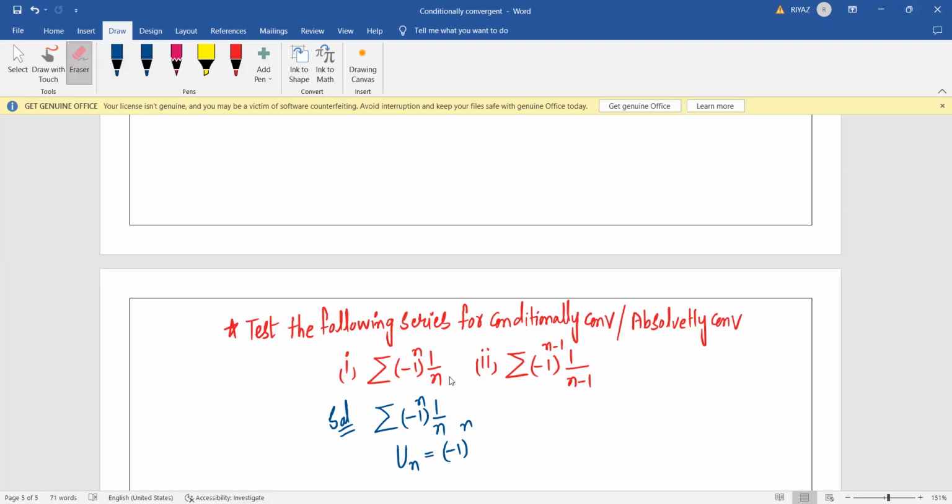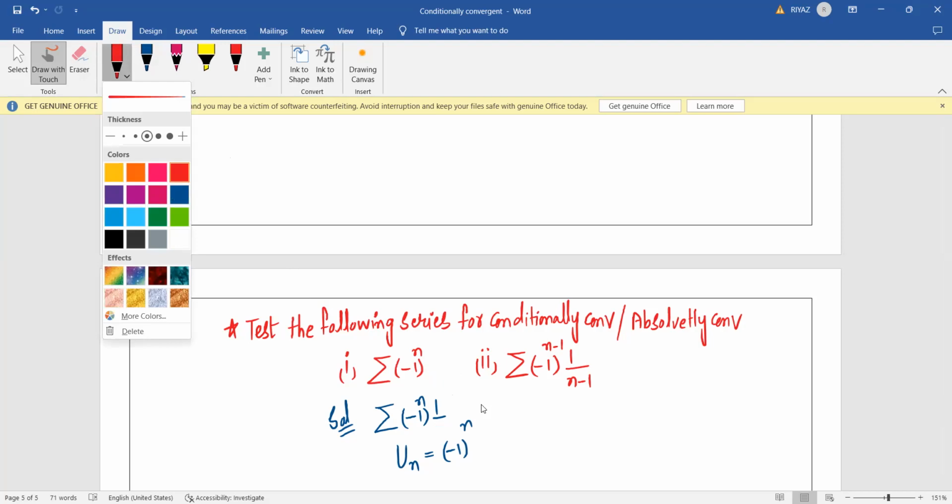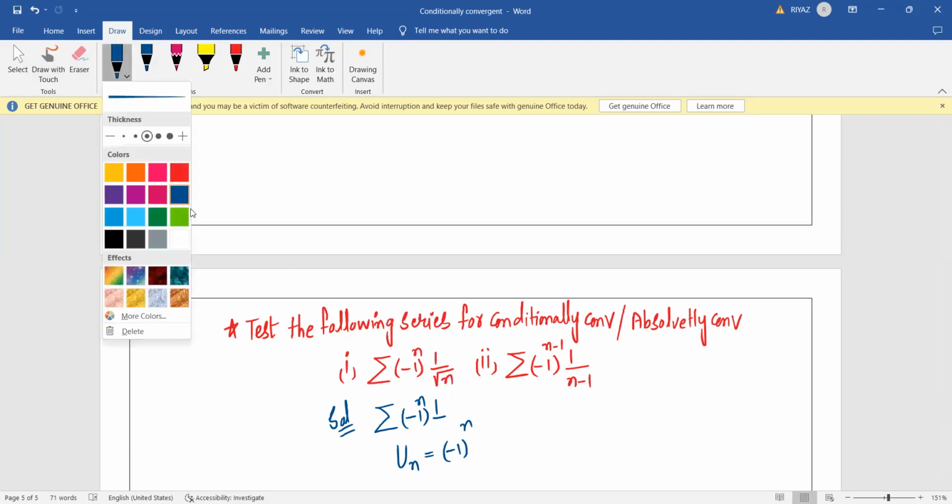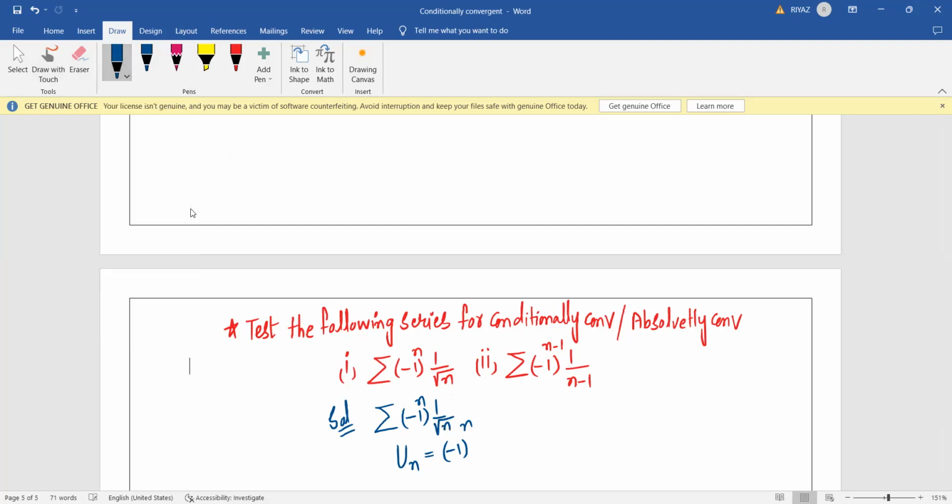Please make a small correction in the question. It is not 1 by n, it is 1 by root n. So (-1)^n and 1 by root n.